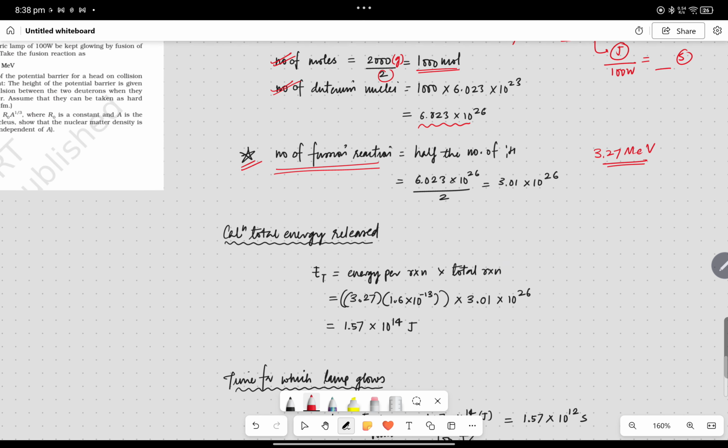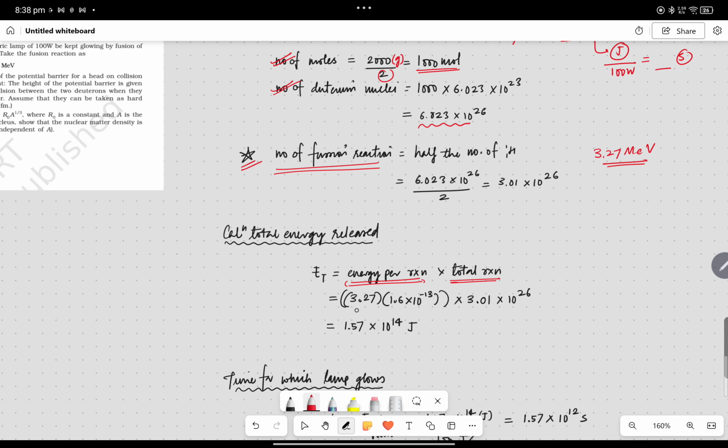Once we calculate the total number of reactions and multiply it with the energy released per reaction, we can definitely calculate the total energy.